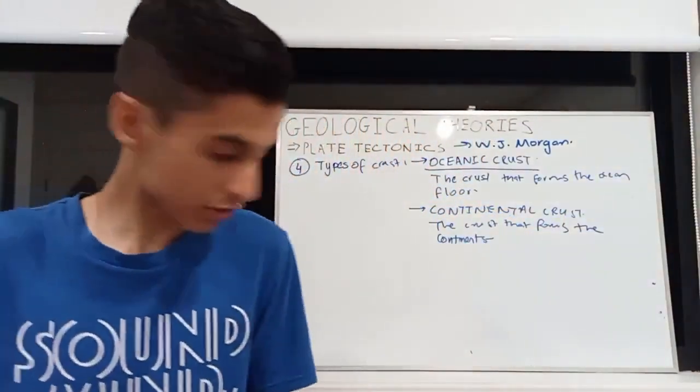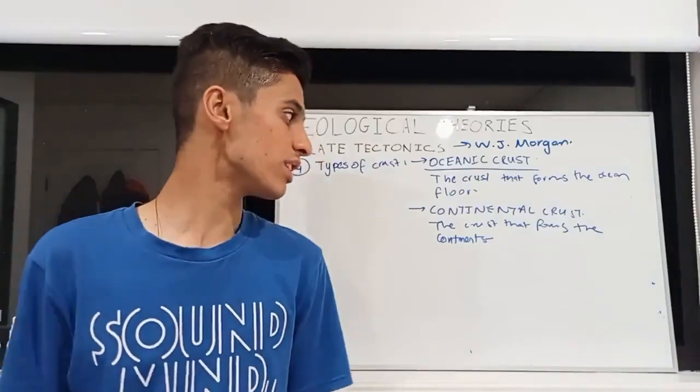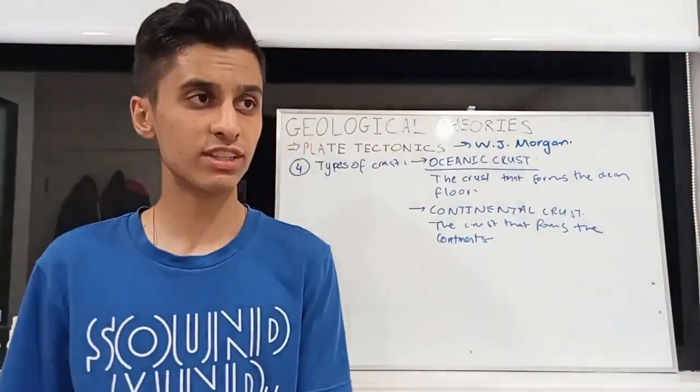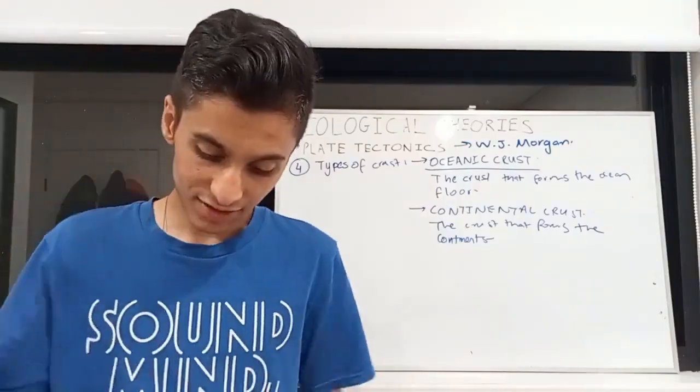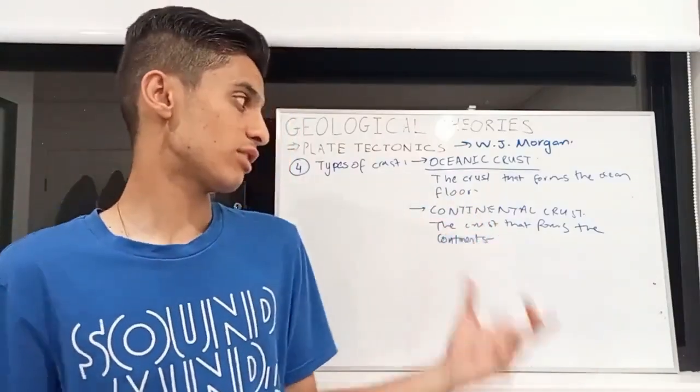So oceanic crust is the crust that forms the ocean floor, and the continental crust is the crust that forms the continents. Now, what's really the difference between oceanic crust and continental crust?